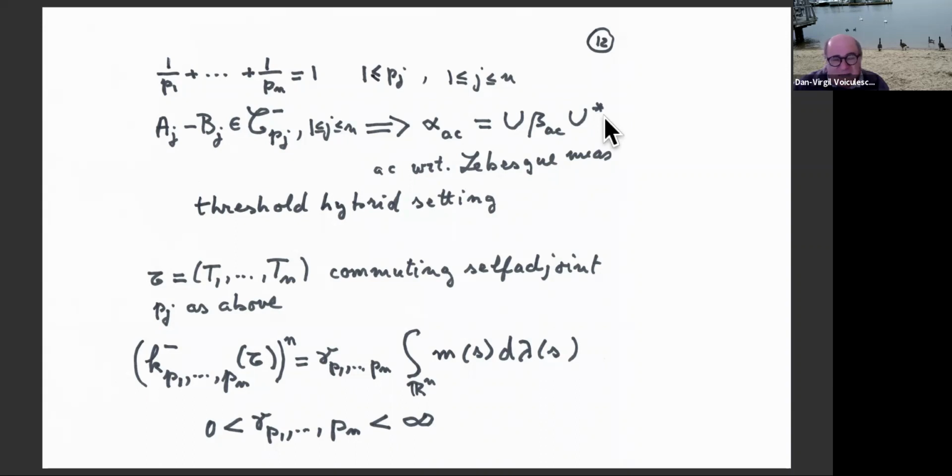So I have k minus p1 pn of tau to the power n is a universal constant, gamma, which is non-zero, of the integral of the multiplicity function with respect to Lebesgue measure. It is the same formula, and it holds also in the hybrid case.